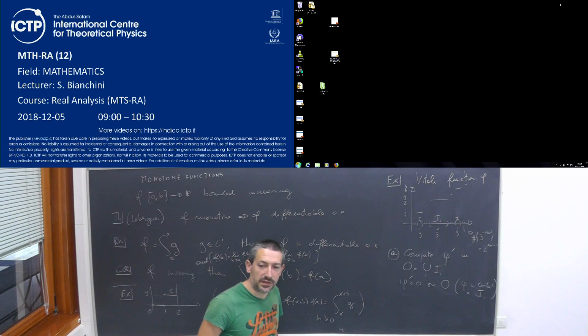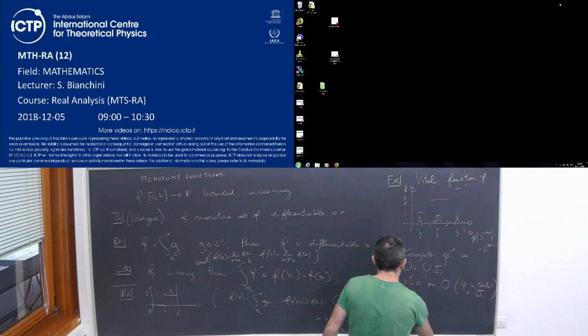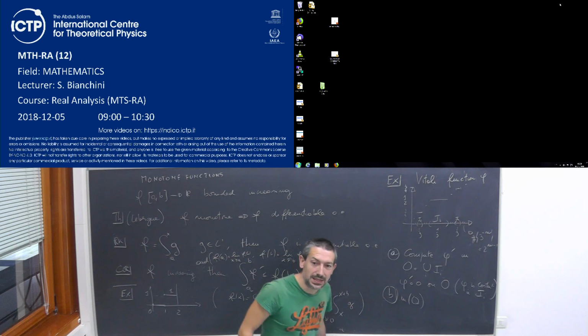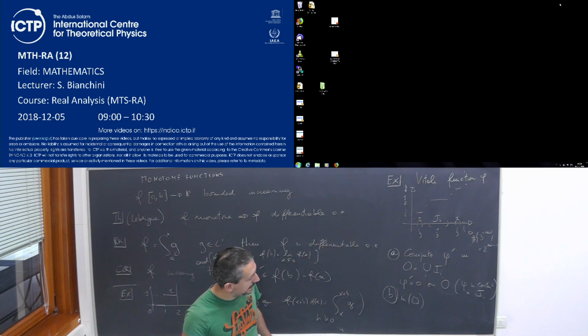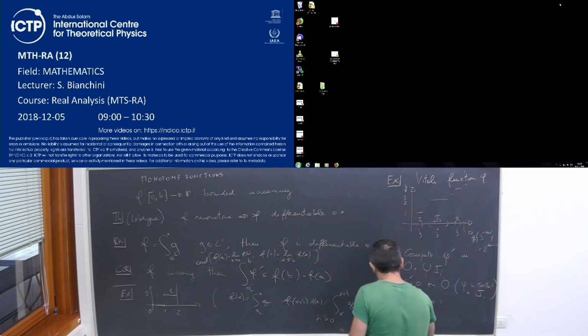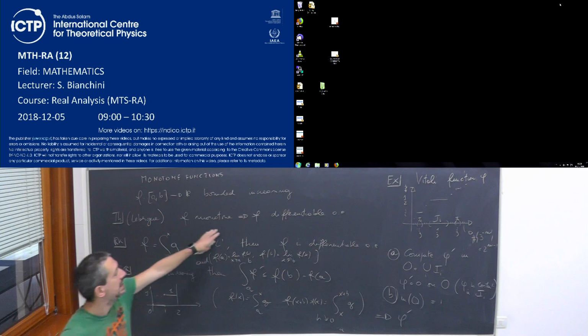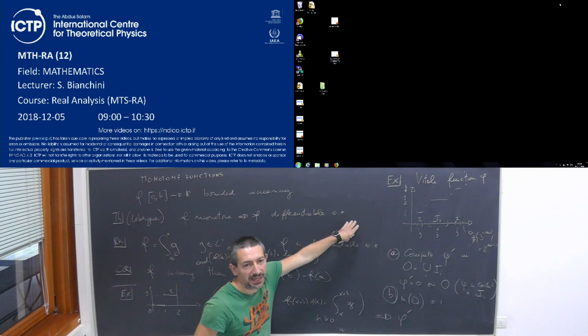What is the measure of O? It's 1. So what is the derivative phi prime? Computed like in the Riemann theorem: f is differentiable almost everywhere.